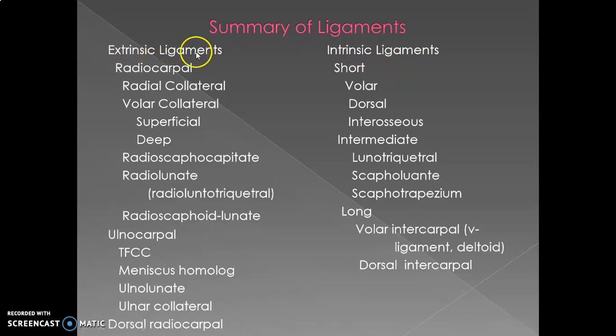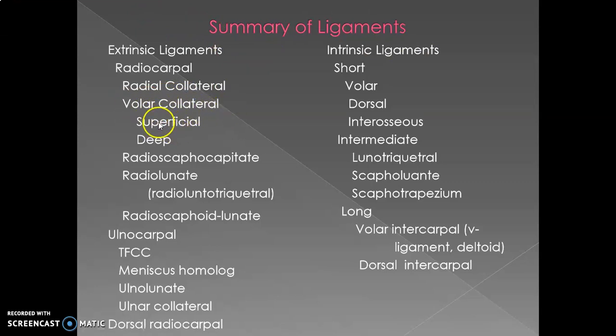In the extrinsic ligaments, we have the radiocarpal ligament. In the radiocarpal ligament, we have the radial collateral ligament, which we have already seen on the lateral side. Then we have the volar aspect, the anterior aspect of the radial collateral ligament.